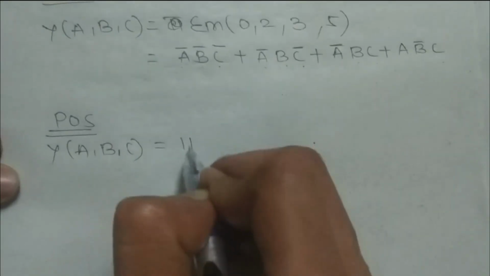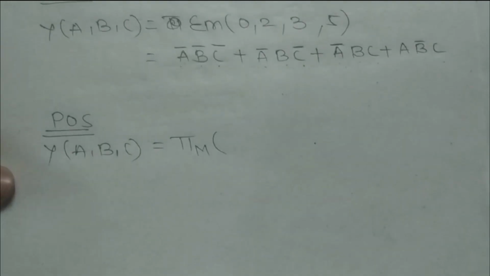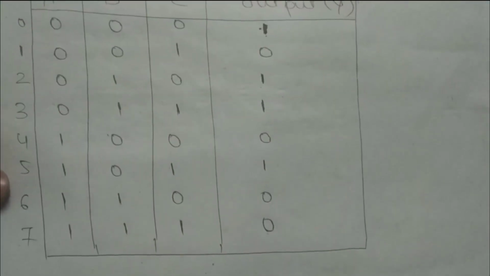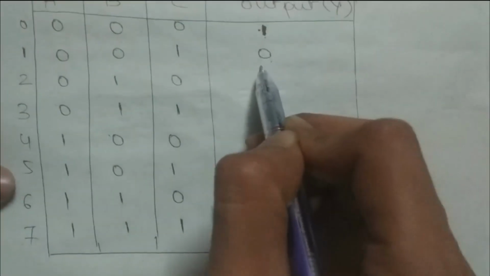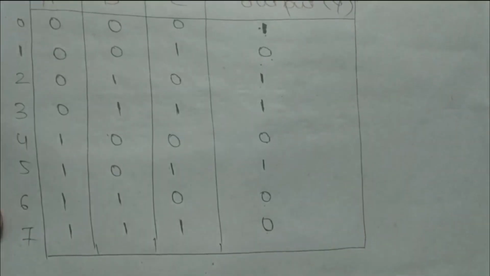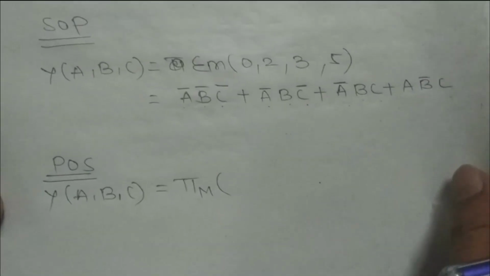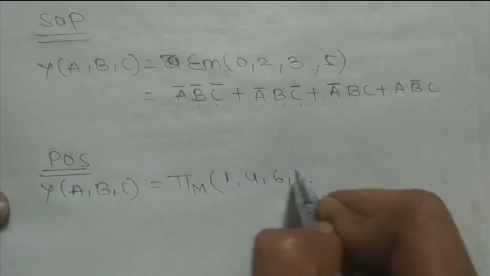Going to the truth table, the terms for which the output is low are 1, 4, 6 and 7.